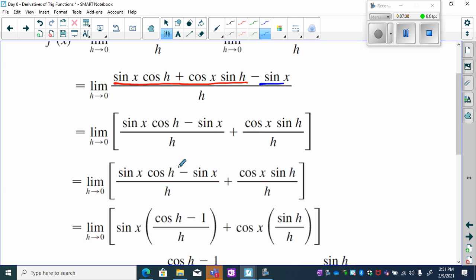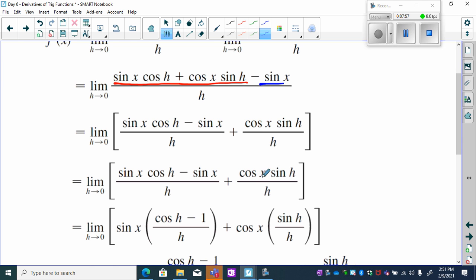You might ask, why did you do that? The reason is that from here to here, both of these terms have a sine x. So if I factor this out, if I divide this term in the numerator by sine x, it leaves cos h. If I divide negative sine x by positive sine x, I'm left with negative 1, over h. Same thing here.